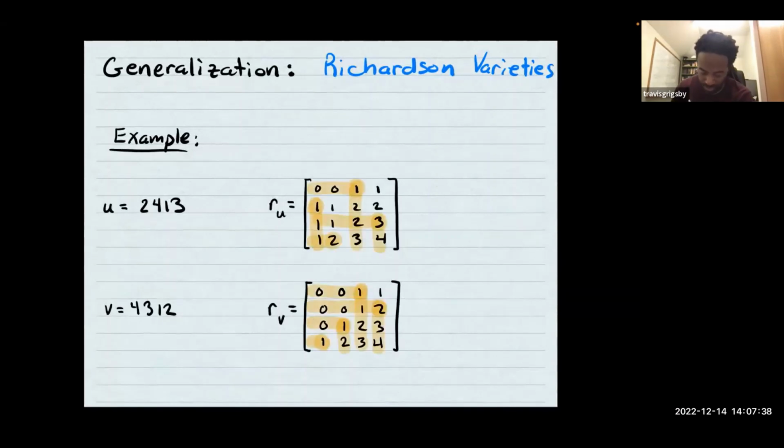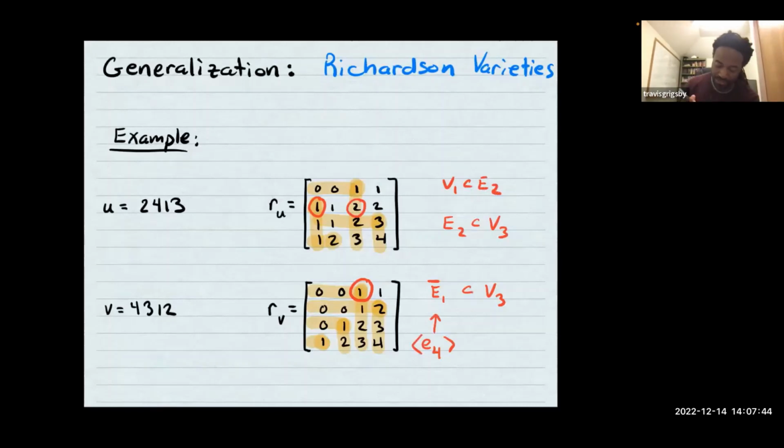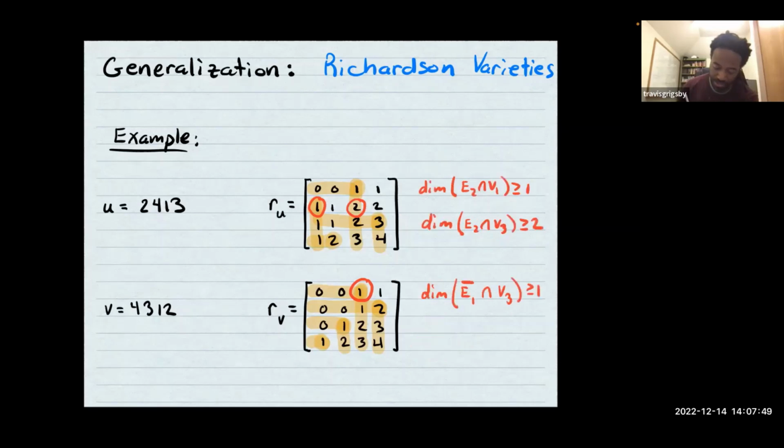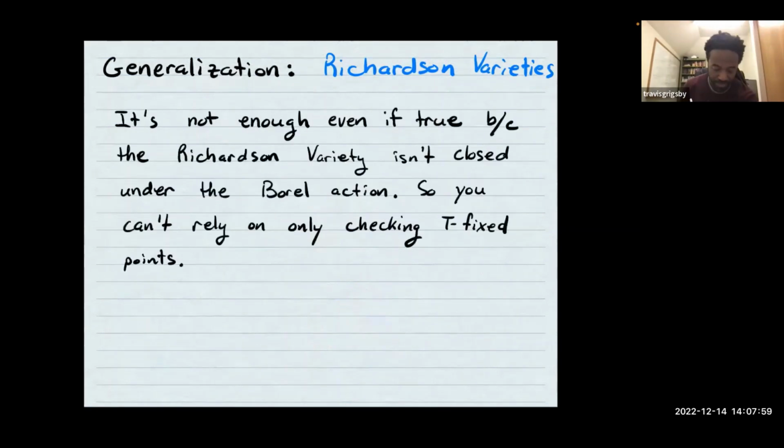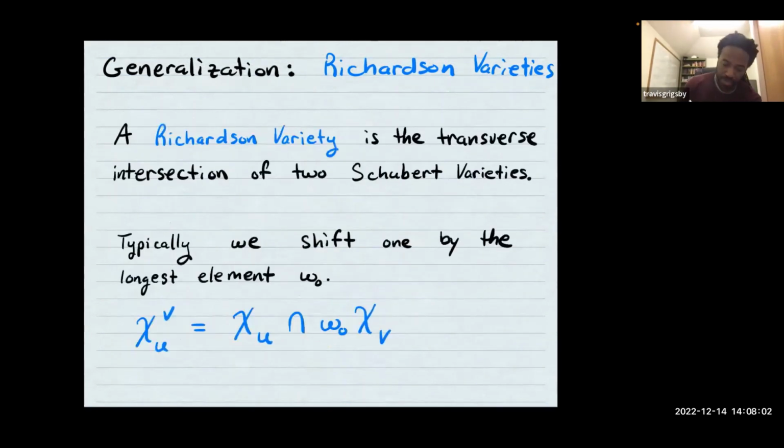And so you'd have your essential conditions, and you just need the flags to satisfy both of them. The thing that's different is that when you go to write down your essential conditions, one of these permutations is shifted. So the way to define the Richardson variety would be to have two Schubert varieties, and then for one of them, to make the intersection generic, you'll want to shift by the longest element.